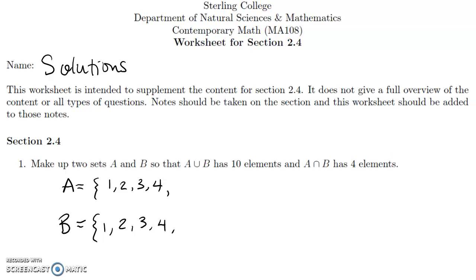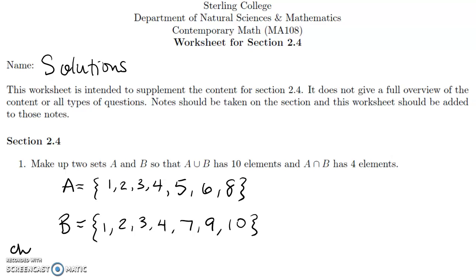So then we might want to add an element 5, but I only want to add it to one of the sets so that it doesn't end up in the intersection. So we could add 5 and 6. We could keep adding the rest all to A. I could jump down and instead put some of them in B. So like 7, we could put 8 back up here, 9 down in B, and say 10 down in B.